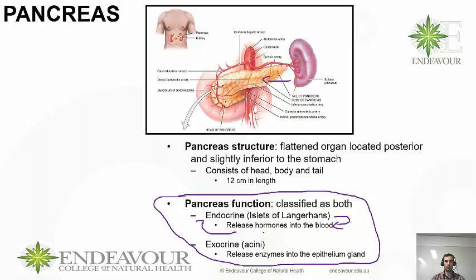So this will be the glucagon and also the insulin that we've talked a lot about. Whereas the exocrine, the acini cells, actually release enzymes into the small intestine. So these are our digestive enzymes. So this will allow us to break down our proteins, lipids, and also carbohydrate that we've taken in through the diet.